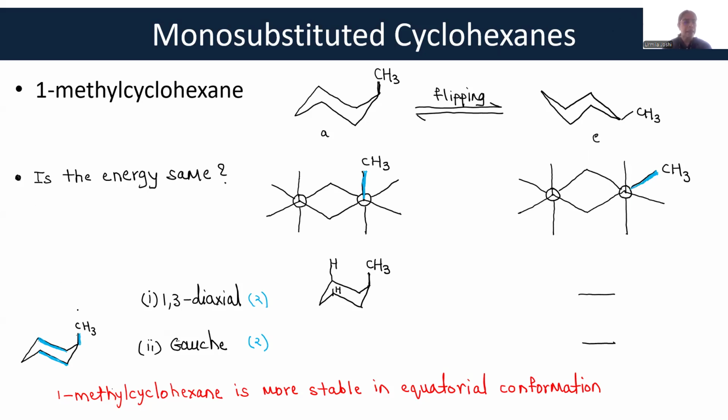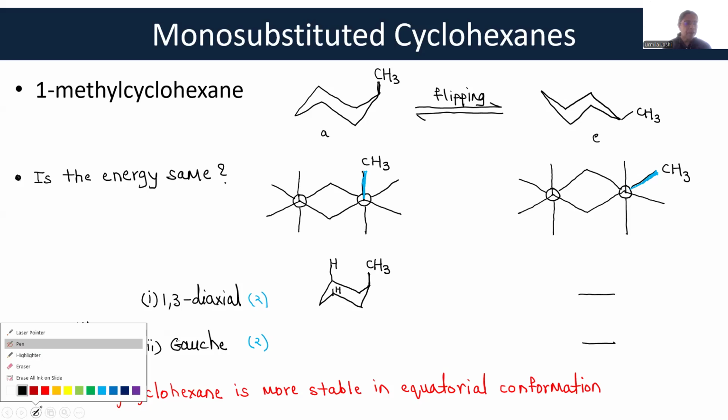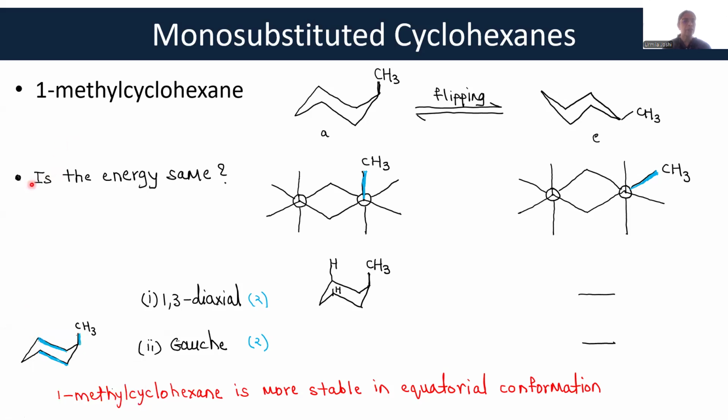Now, let us try to understand whether energy of both these structures is same or it is different. I have drawn an axial substituent like this in a different type of representation. We have studied this Newman representation earlier. And I have drawn the equatorial structure also in the Newman representation.